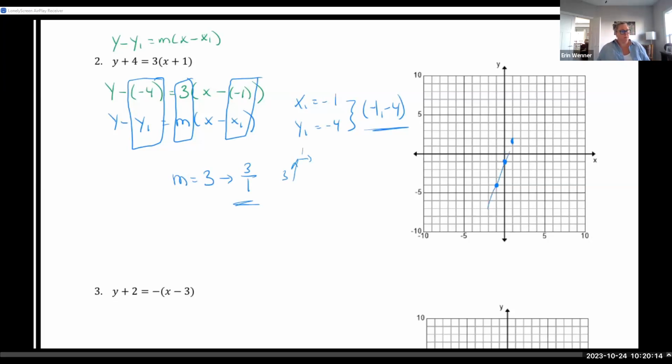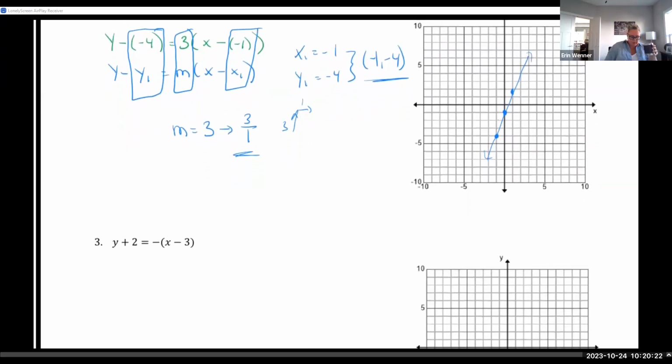Okay. I'm going to give you a little piece of information for number 3 before I ask you to solve the rest of it. Something that's weird about number 3 is that it's y plus 2 equals negative and then x minus 3 inside the parentheses.